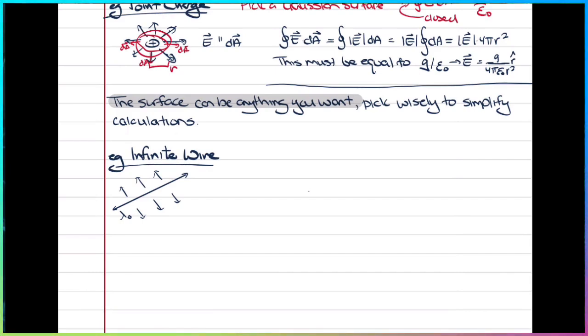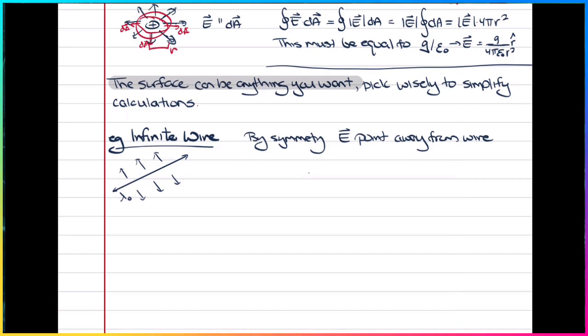Well, again, by symmetry, we know that E must point away from the wire. And away in that it makes a 90-degree angle with the wire itself. These are all 90-degree angles. Again, if that was not the case, like if one of these actually pointed this way, then I could again make you close your eyes.